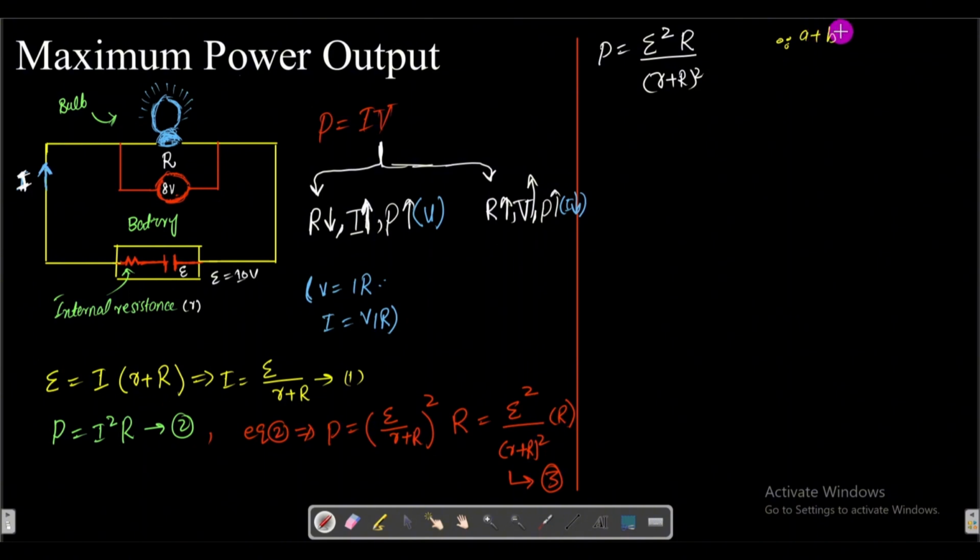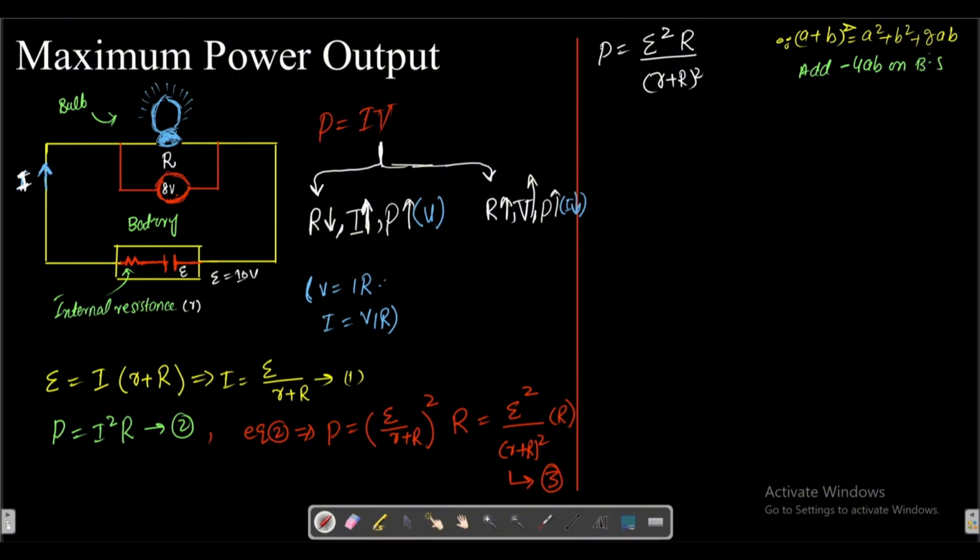(A + B)² is equal to A² + B² + 2AB. So add -4AB on both sides of this equation.